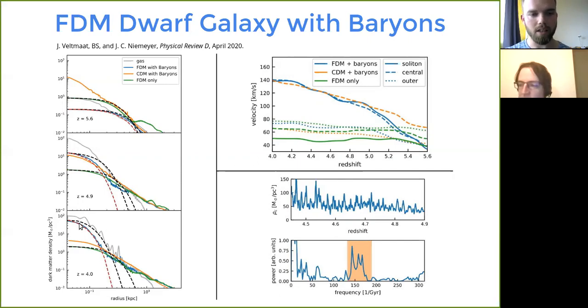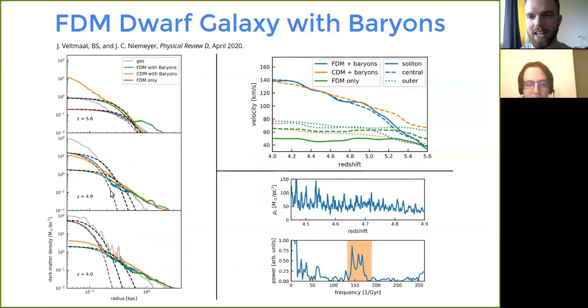And what we could show, interestingly, is that now including baryons, the soliton profile, the typical characterization, is not a good fit anymore. You can particularly see that here in the two lower panels, that the blue line is not well fitted by the dashed black line anymore, but by this dashed red line.